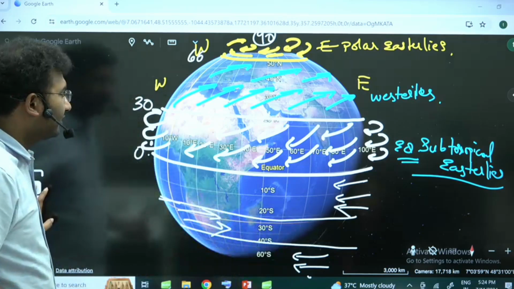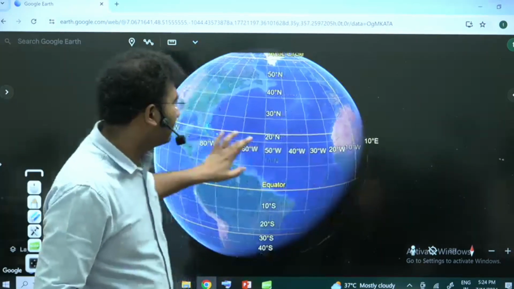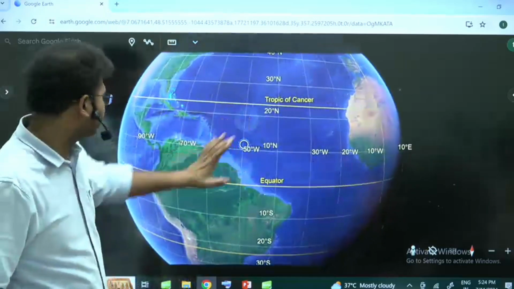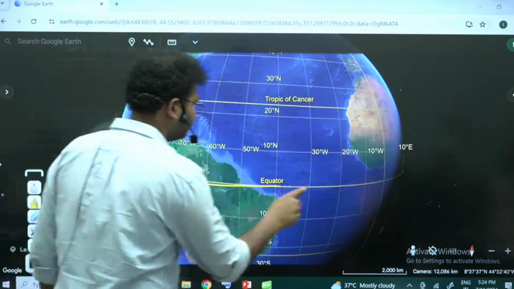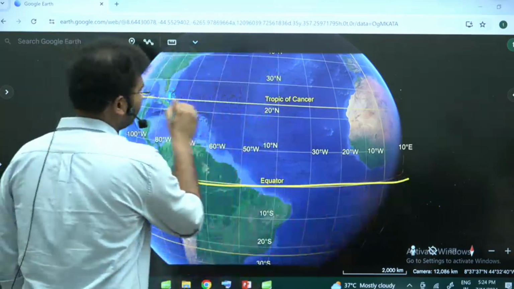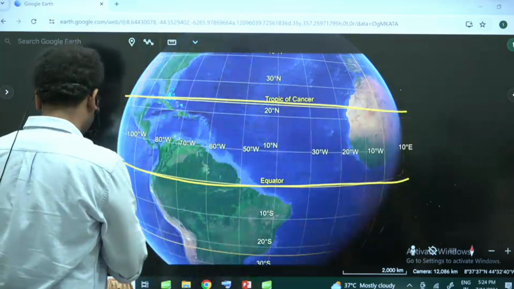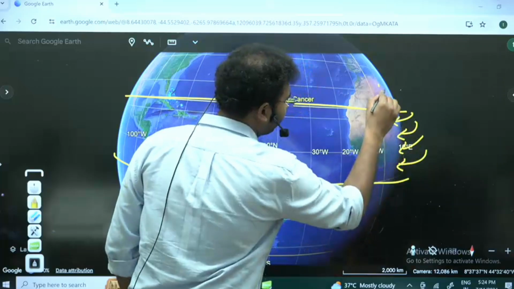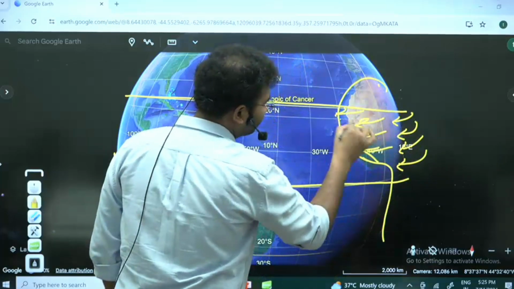Now let me show you and let us understand how the winds move in the latitudes near the equator. This is your equator, and this is your Tropic of Cancer. Between the equator and the Tropic of Cancer you have easterlies, right? These are easterly winds. Now look at Africa. For Africa, are the winds offshore or onshore?